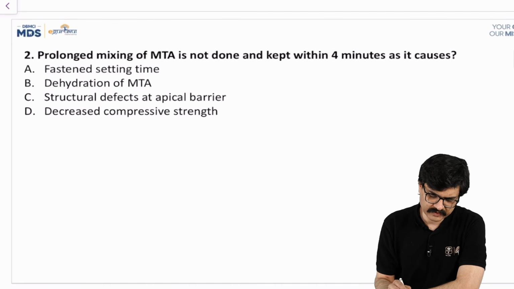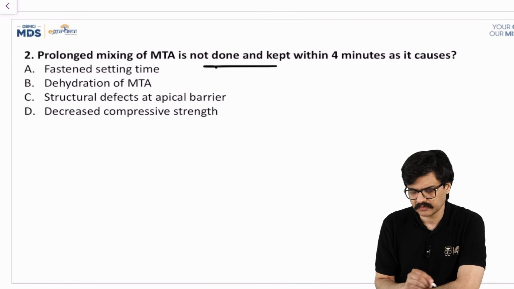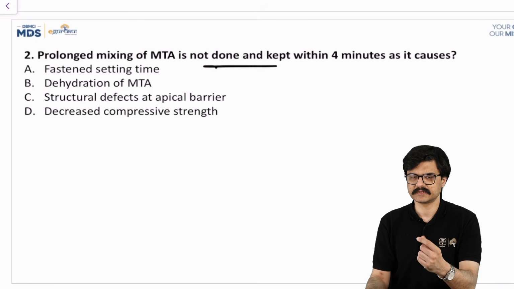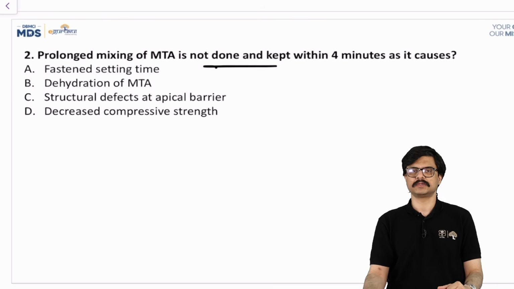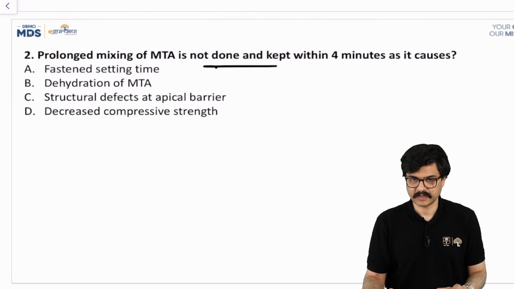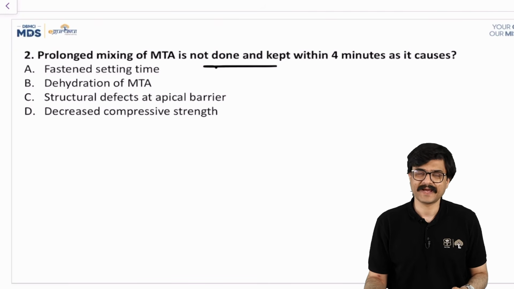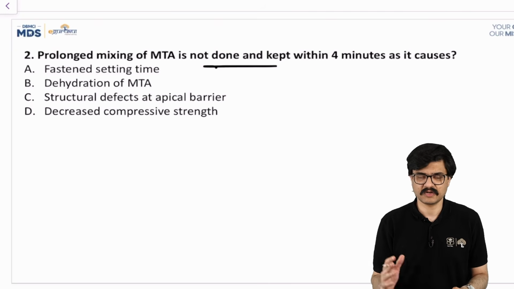Next question, prolonged mixing of MTA is not done, right? Immediately when you mix it, in its wet sand or putty-like consistency, you should apply it, put it in the cavity prep or perforation repair or whatever you want to use it for. Why? Because if you do prolonged mixing, there'll be loss of moisture.